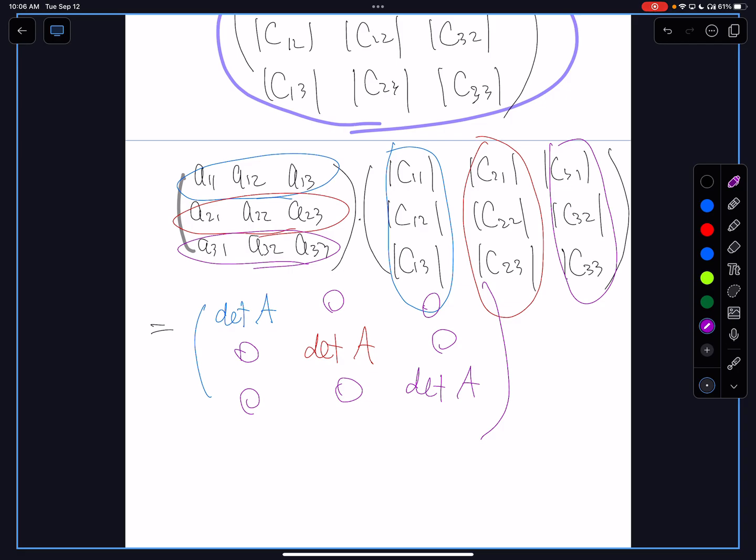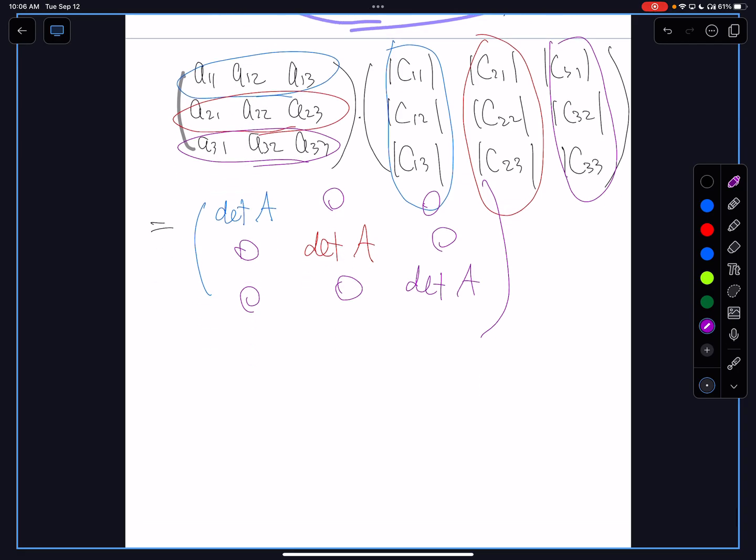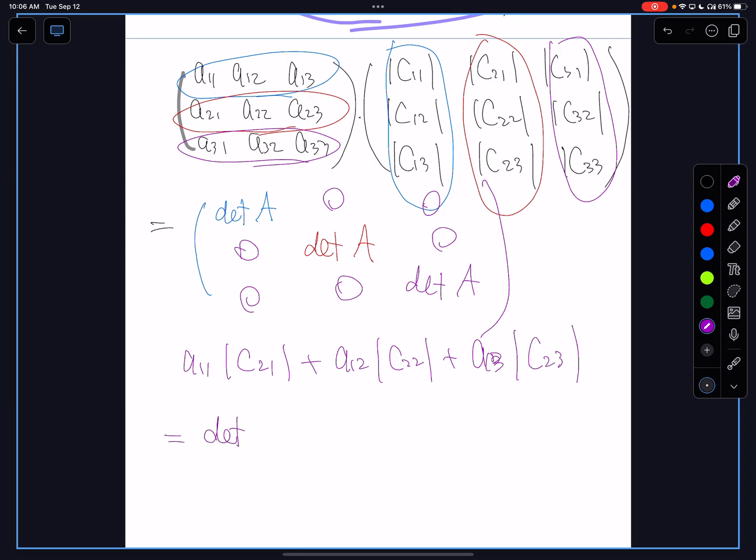And how do I know that? Because A11 C21, A12 C22, A13 C23. This is a determinant of, so this will be the determinant of what?